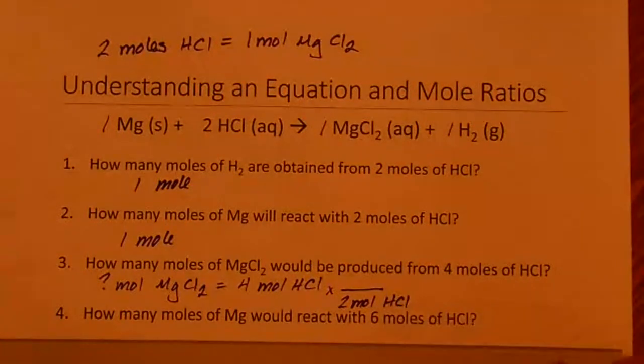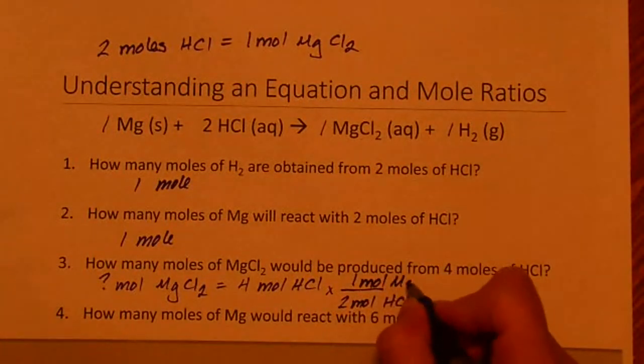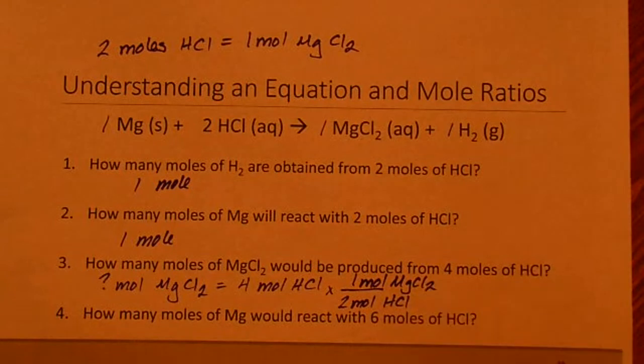For every 2 moles of HCl that react, that's going to produce 1 mole of magnesium chloride. And we can see that if we look at our units, moles of HCl times moles of magnesium chloride divided by moles of HCl, my unit of moles HCl cancel out.